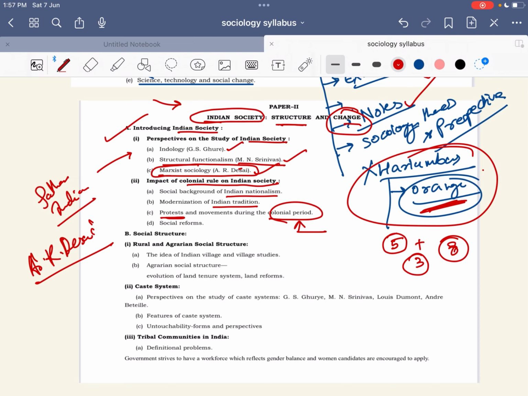Understand? And then there is a social reform. In this part what you will see, Raja Ram Mohan Roy.